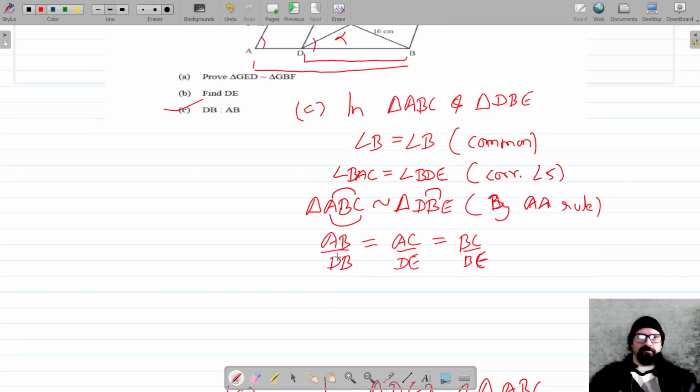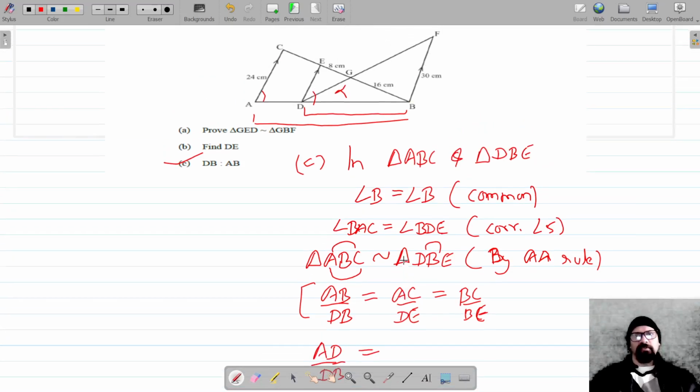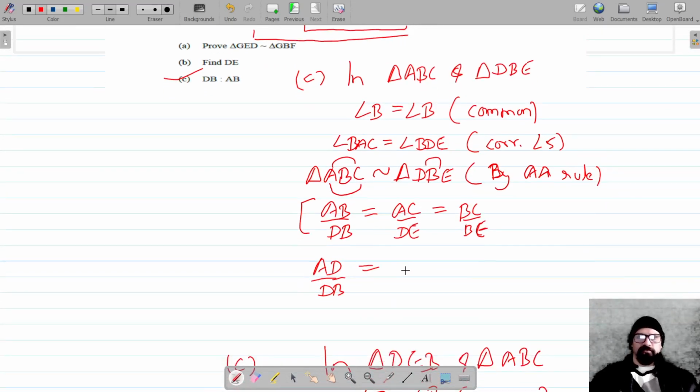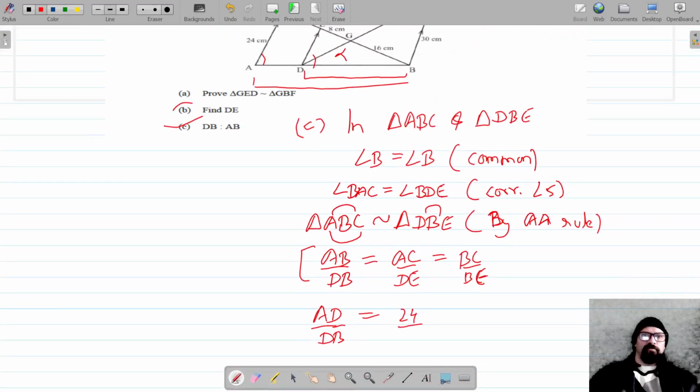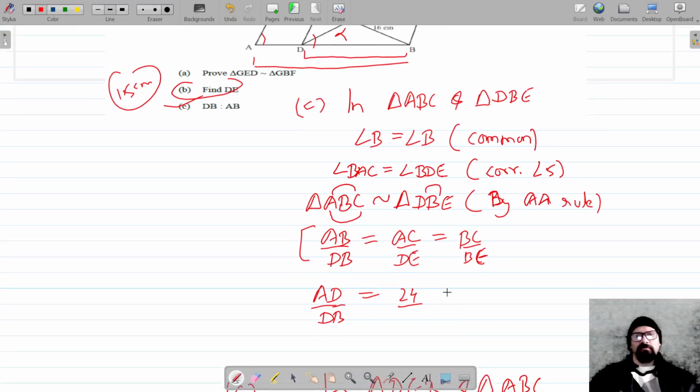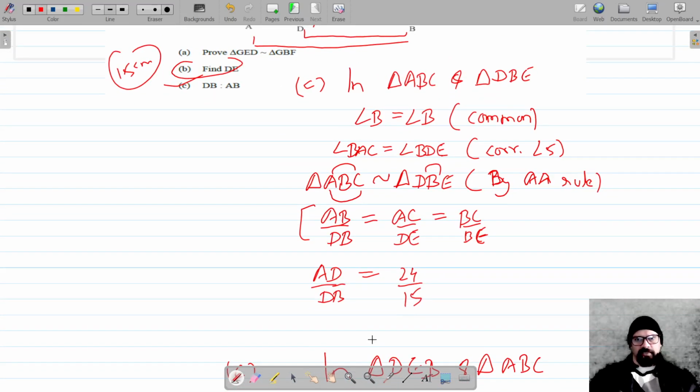Now let's put in the values. We have to find this ratio. So AB by DB is equal to AC, and AC is 24, by DE, which we have already got as 15 centimeters.